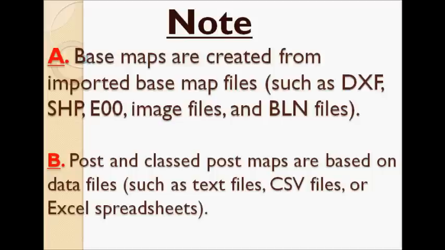And then post maps and classified post maps are created based on data files such as the text file, comma separated files, the CSV files, or the Excel spreadsheet files.